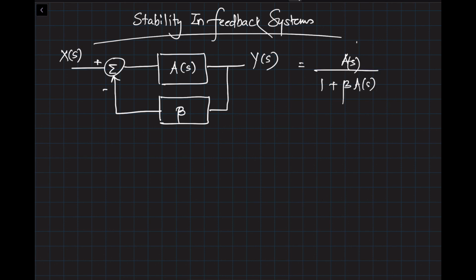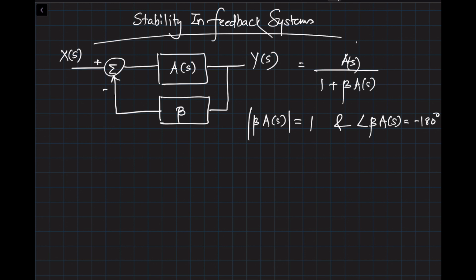The condition for oscillations, the Barkhausen criteria that we had talked about earlier, is that the magnitude of beta times A of s becomes equal to 1, and the angle of beta A of s is equal to minus 180 degrees. When that happens, the signals will add constructively around the loop.